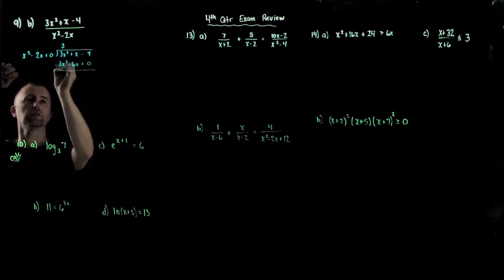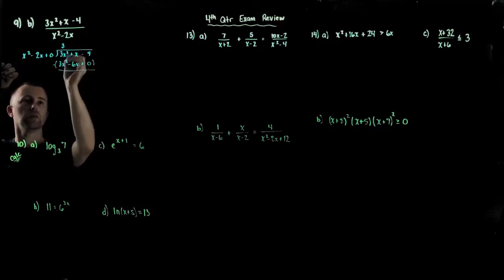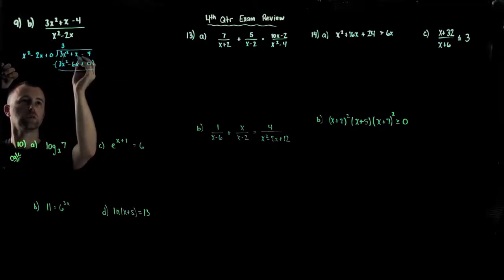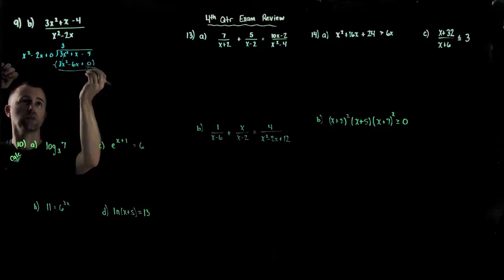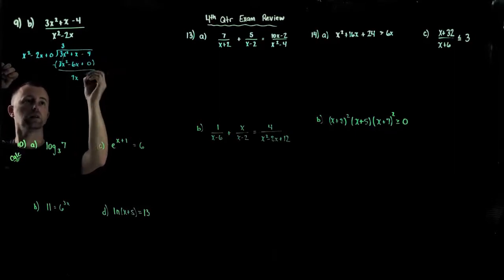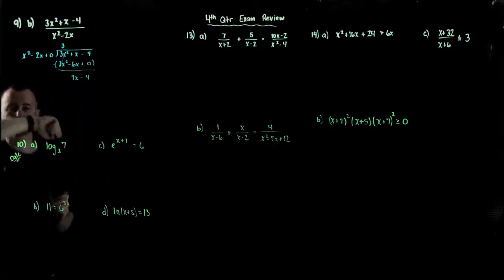So when I divide this, this comes out here. We cancel these first terms. 1 minus the negative 6 is plus 1 plus 6, so 7x. Negative 4 minus 0 is minus 4.